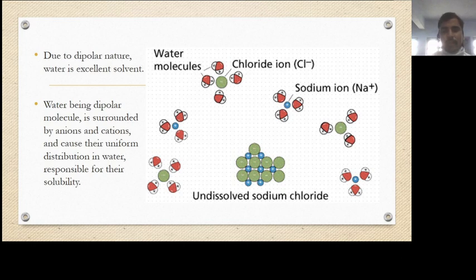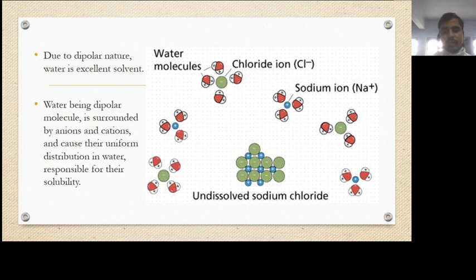If we add NaCl in water, after some time we can see that NaCl is completely dissolved in water. Why does this happen? We know that water has two ends, positively and negatively charged ends. NaCl is formed of Na plus and Cl minus ions.